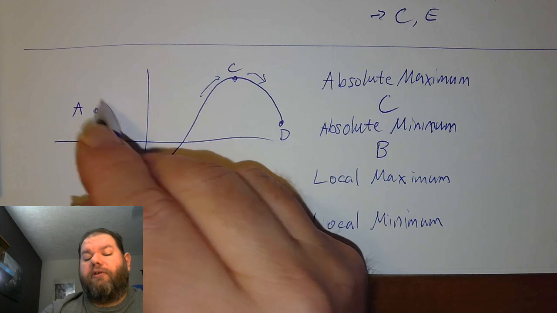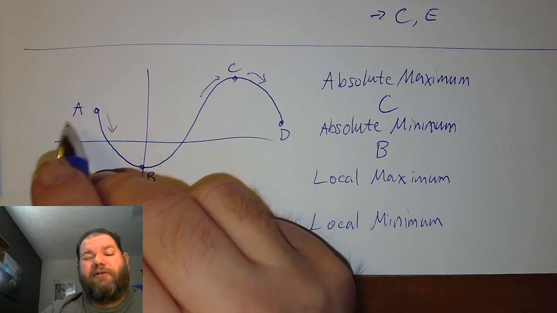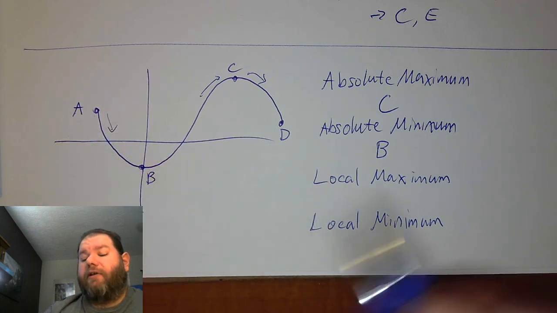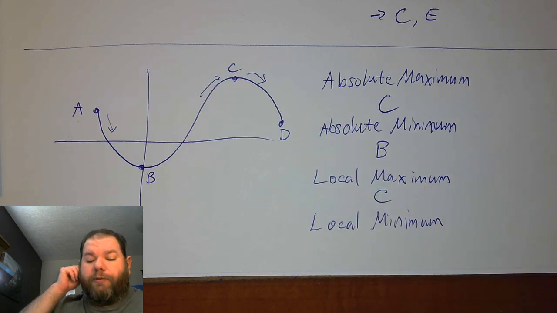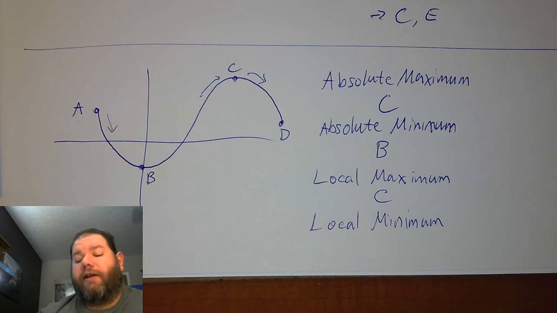So we know that it decreases after A, but because there's nothing to the left, we can't call it increasing or decreasing there. When we have an endpoint like that, like A and D are basically endpoints, endpoints will never be local extrema. They potentially could be absolute maximums or minimums, but never local.